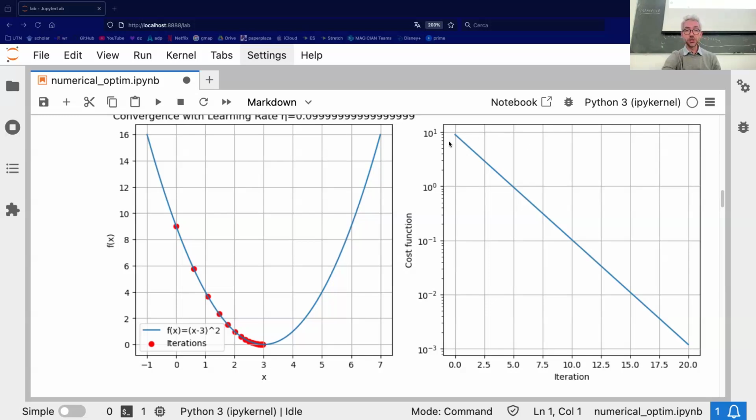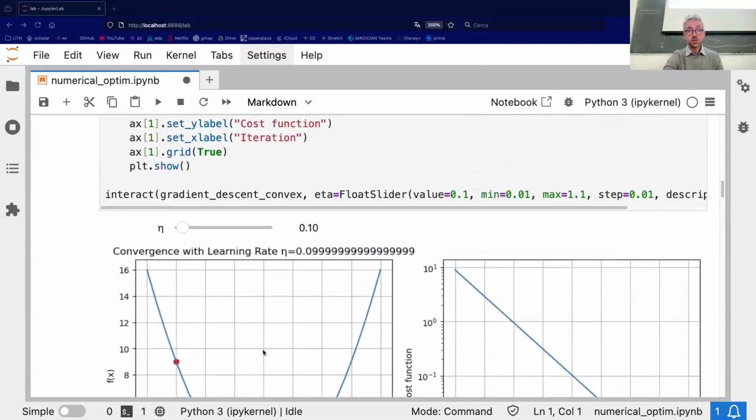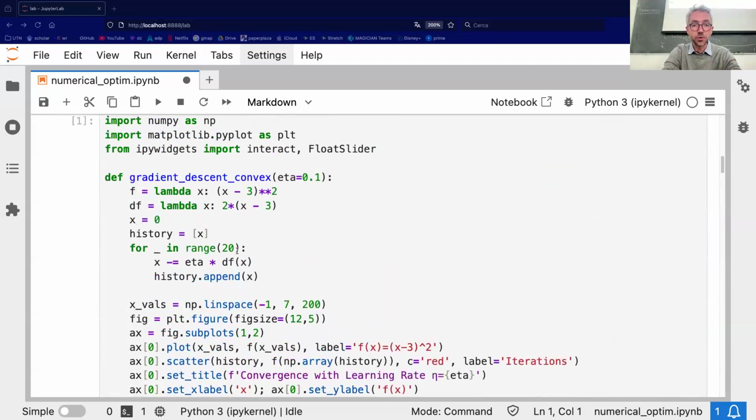In 20 iterations, we reached almost 10 to the minus 3. So we are not really at the minimum, which would be 0, but we are quite close to it. If we wanted to get closer, we would just need to increase the number of iterations.